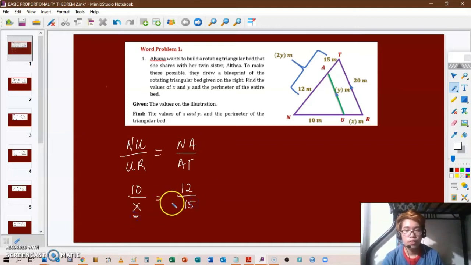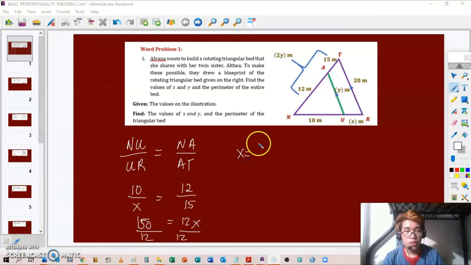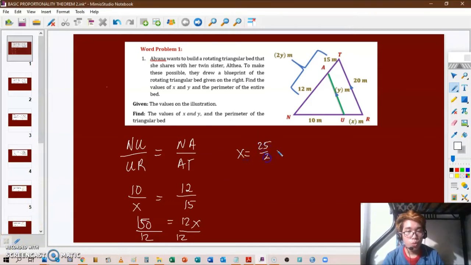Now we can solve for x. We cross multiply, giving 150 is equal to 12x. Dividing both sides by 12, the value of x is 25 over 2 or 12.5 meters.